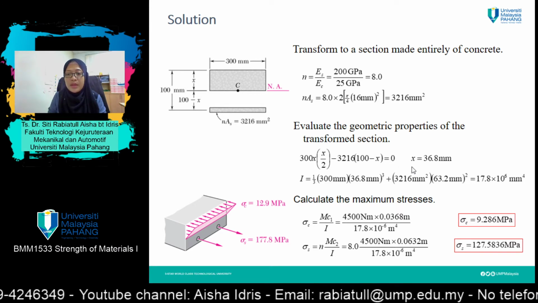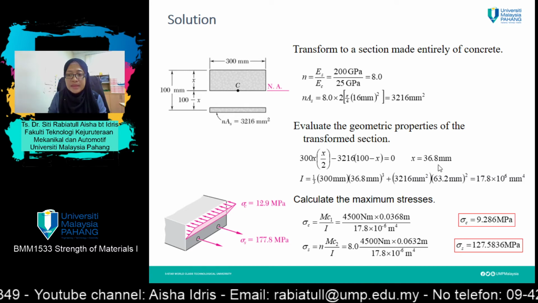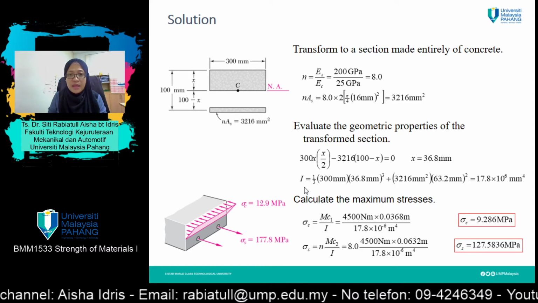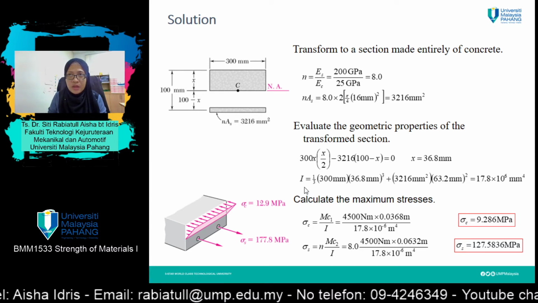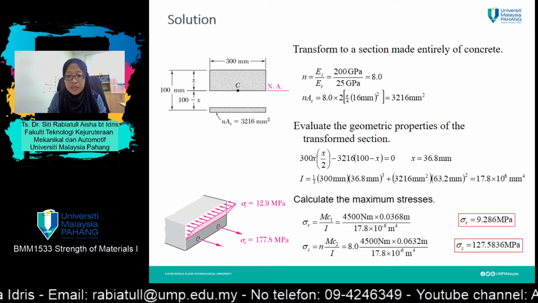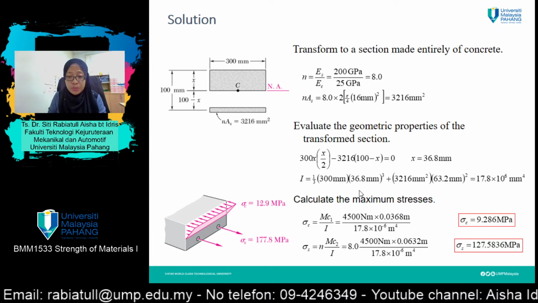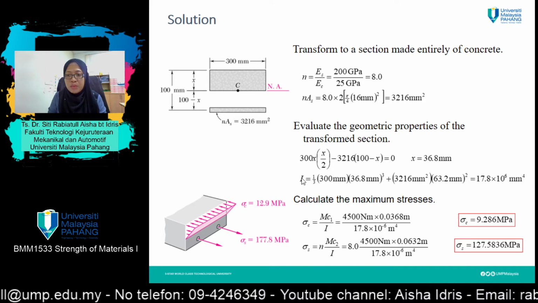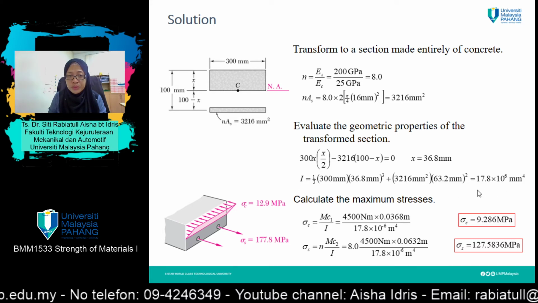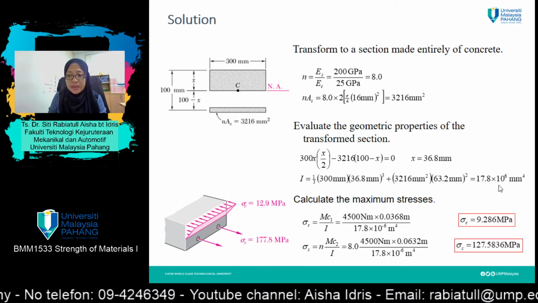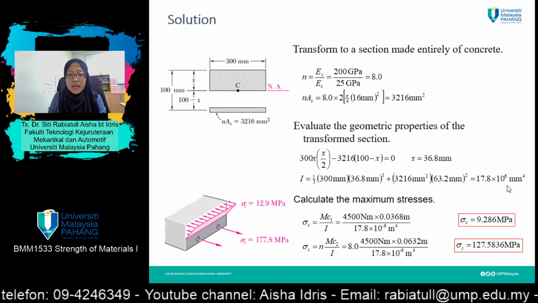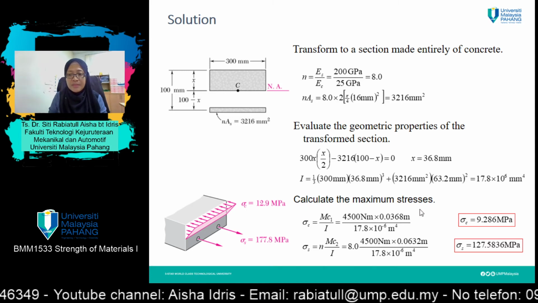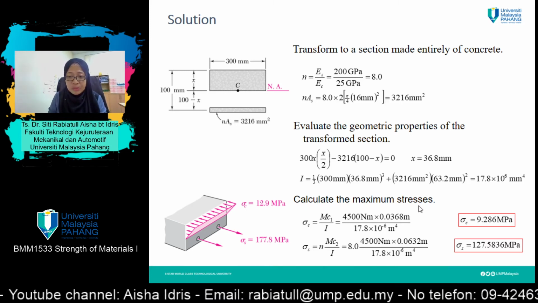So now you get the value of x as 36.8 mm. From there, using the formula for moment of inertia, bh cubed over 3, you get the value of I equals 17.8 times 10 to the power of 6 mm to the power of 4.